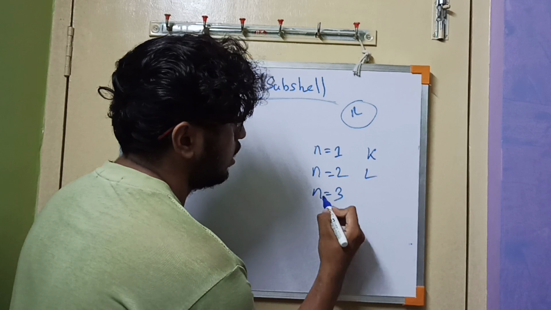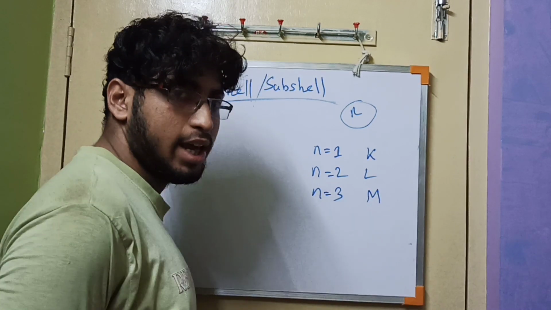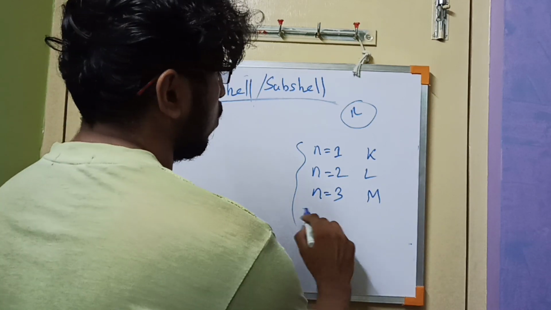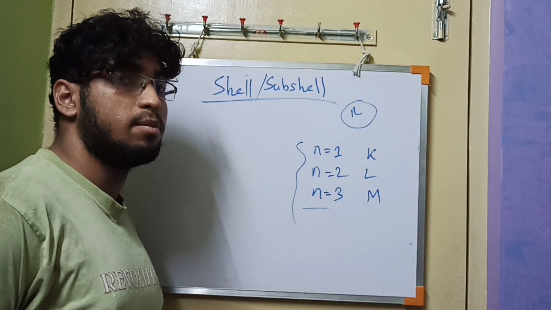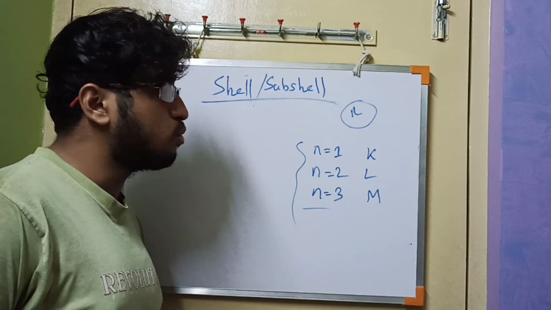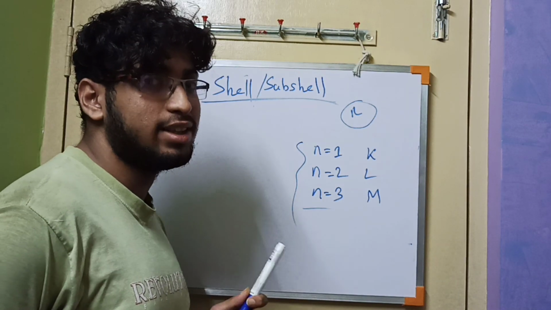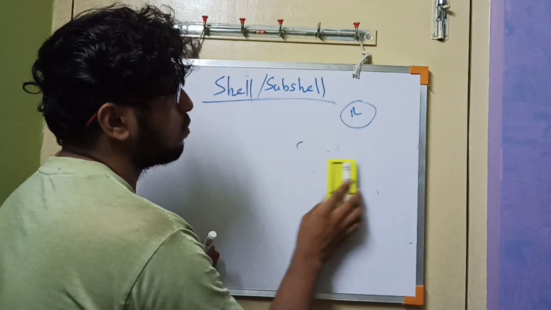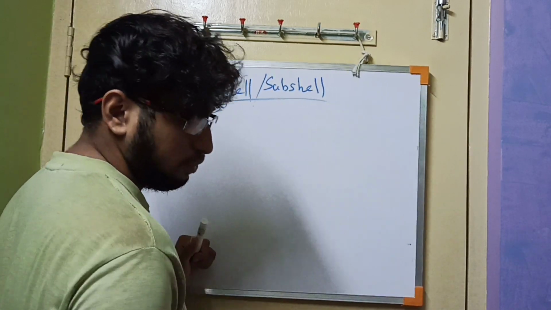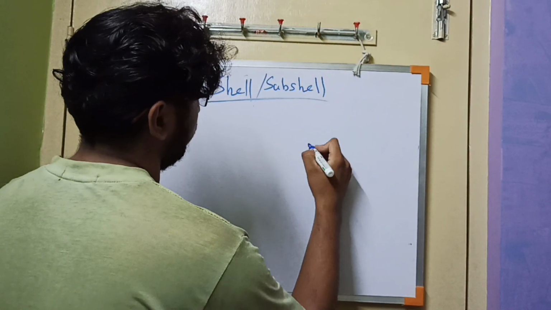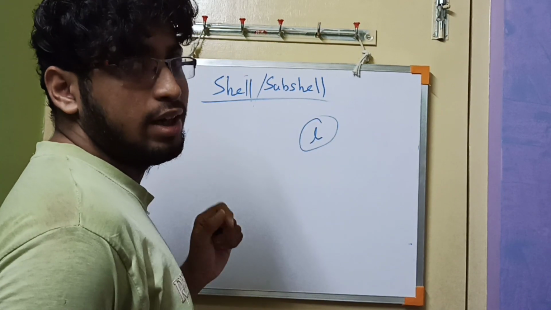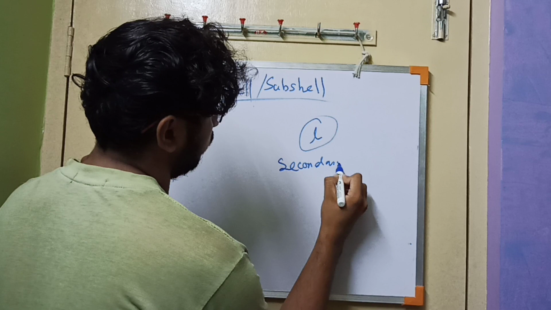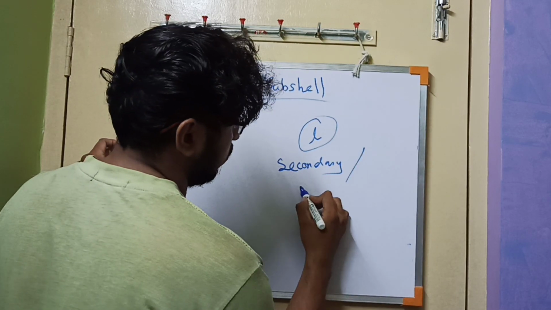N equals 3 is the M orbit or third orbit, and so on. So this is called the principal quantum number. Now we have to divide these shells into subshells. The second one is the angular momentum quantum number, the small l. It is also called the secondary quantum number or azimuthal quantum number.